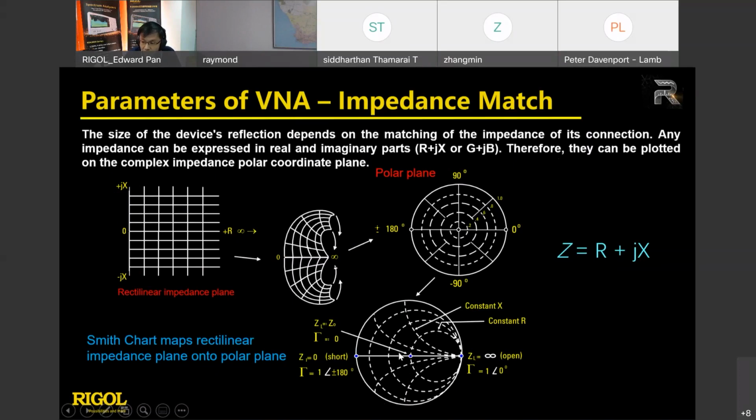Of course, you need to normalize the impedance to 1. You get the infinite load on one side and 0 on the other, that means the left is short, and the right side of the Smith chart is the open status.